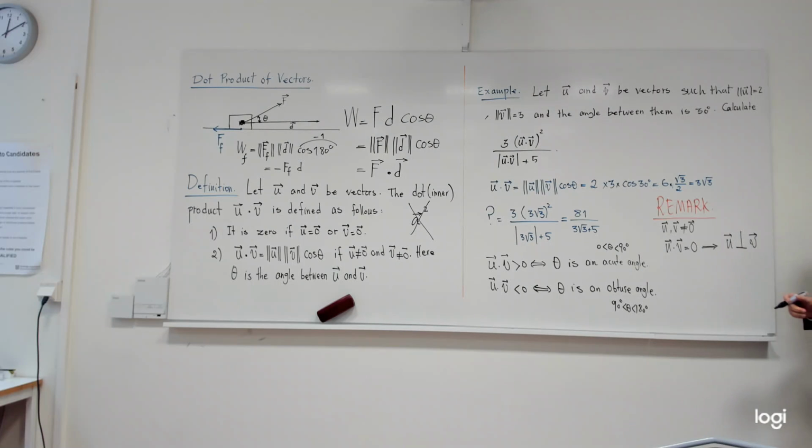And the other way around, of course. If they are perpendicular, you can conclude that u dot v is equal to 0. That's an extremely important thing.